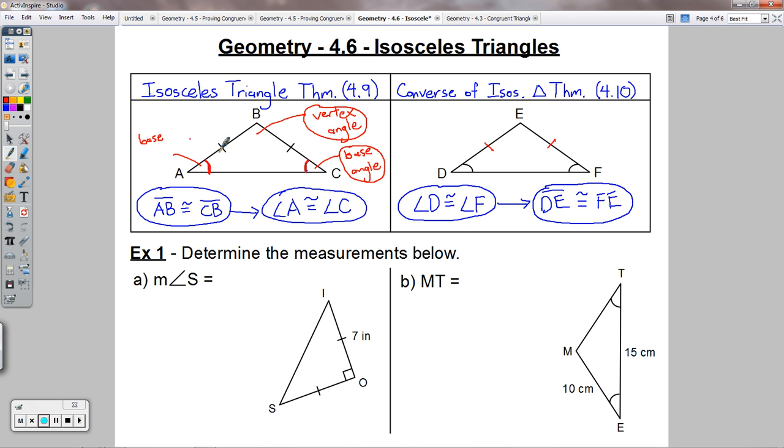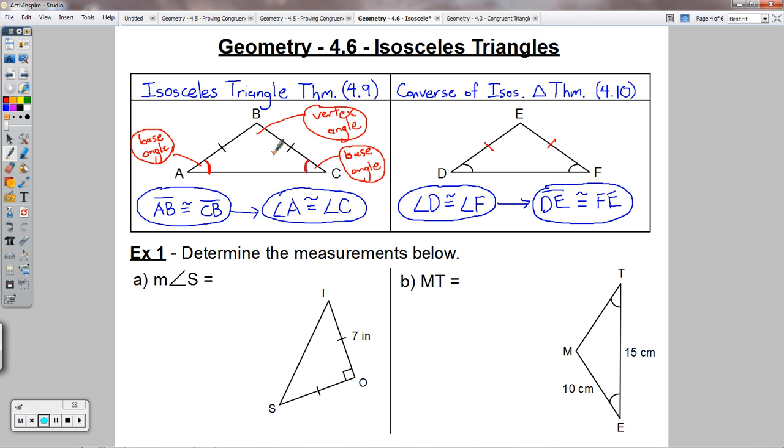So the base is AC for this isosceles triangle because it's across from the vertex angle. And the base is always going to be that non-congruent side if we have an isosceles triangle that's not also equilateral. So it's either a longer or shorter side compared to the two congruent sides.